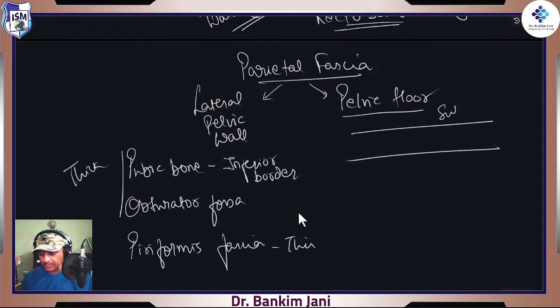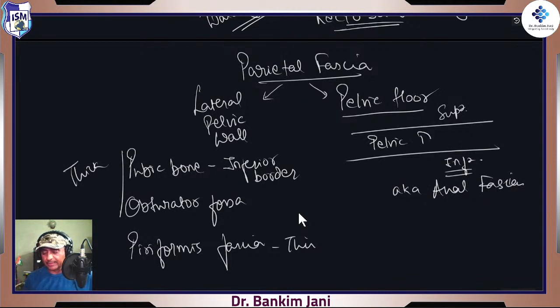This was the superior layer, then there was the inferior layer. This inferior layer was also known as the anal fascia, correct? And in between the fascia was the pelvic diaphragm. So that's how they are all arranged.